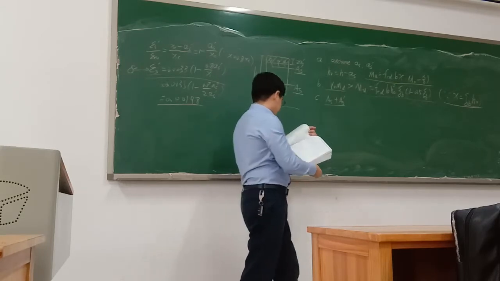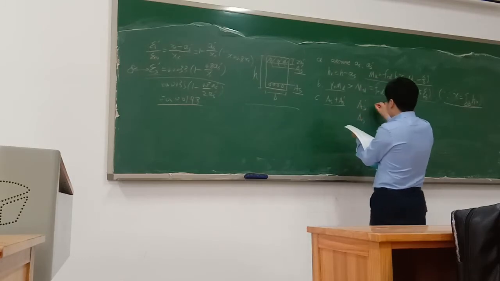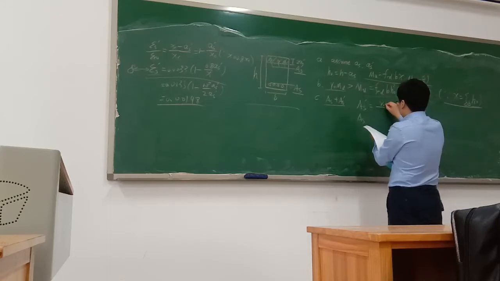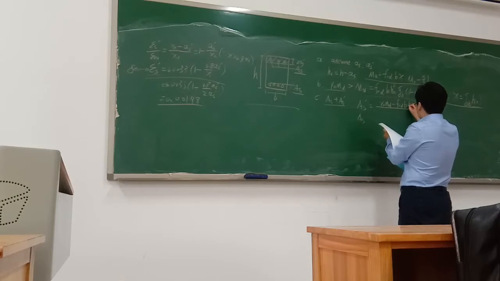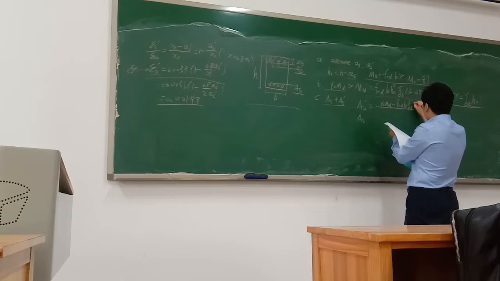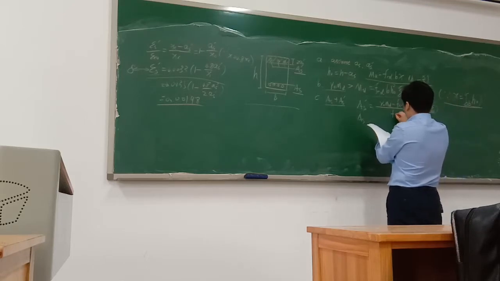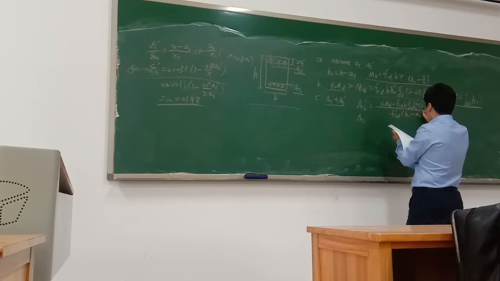So from this equation, we get the result: AS prime equals gamma 0 MD minus FCD B CB H0 squared (1 minus 0.5 CB), divided by FSD prime (H0 minus AS prime).